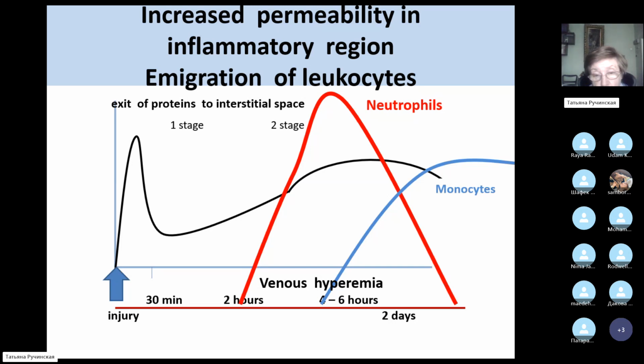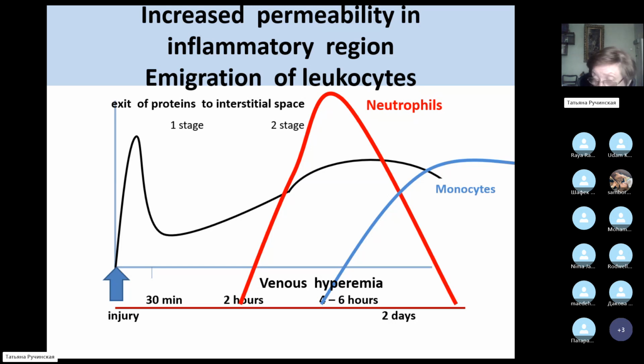Why do they begin to come out? You remember that immediately after injury there is the effect of the axon reflex. This is the degranulation of mast cells, and mast cells secrete chemotactic factors for neutrophils.